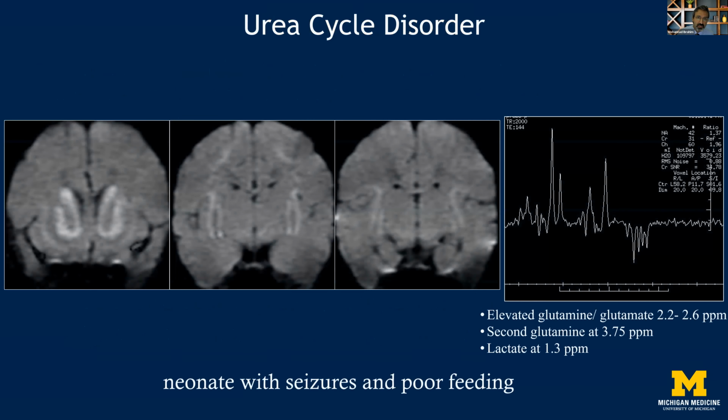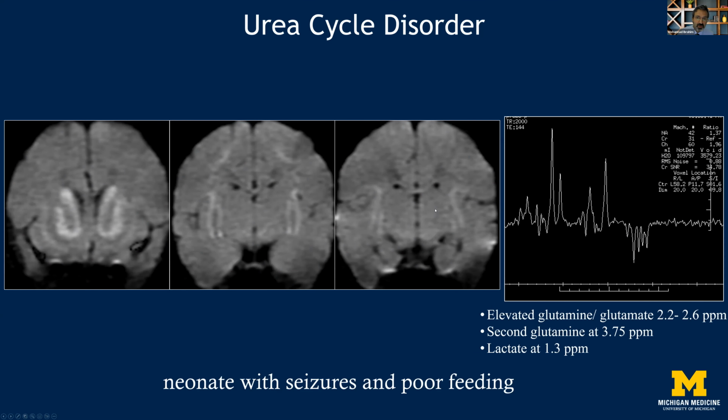Urea cycle disorder is another amino acidopathy. These patients classically present with restricted diffusion involving the subcortical white matter and the basal ganglia.